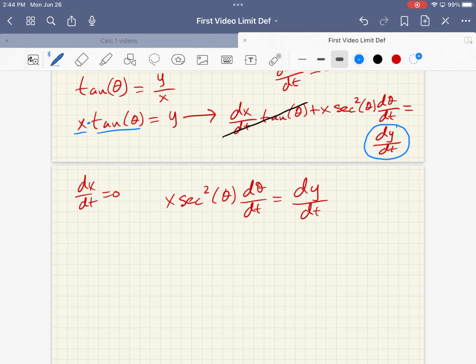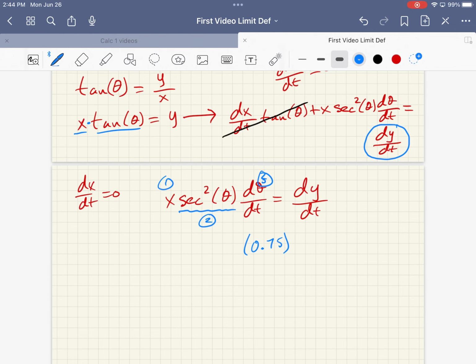So I need to figure out what x is, what secant squared of theta is, and what d theta dt is. Now, we've actually been told that d theta dt is 0.75 radians per second.